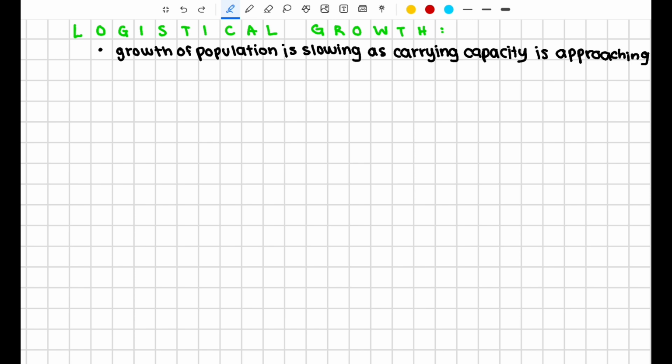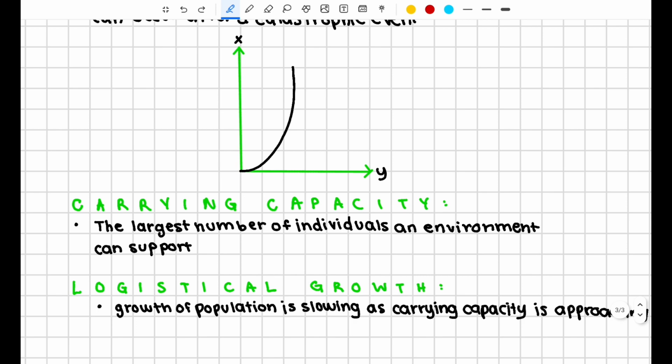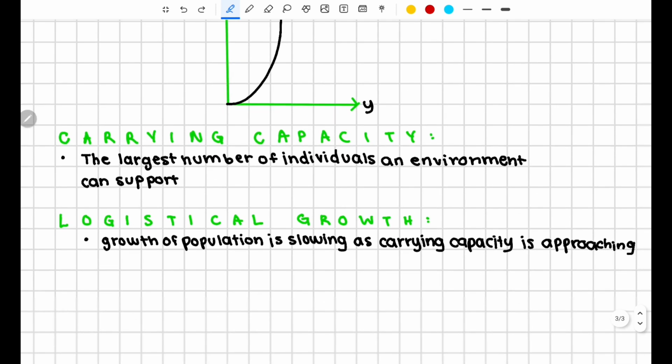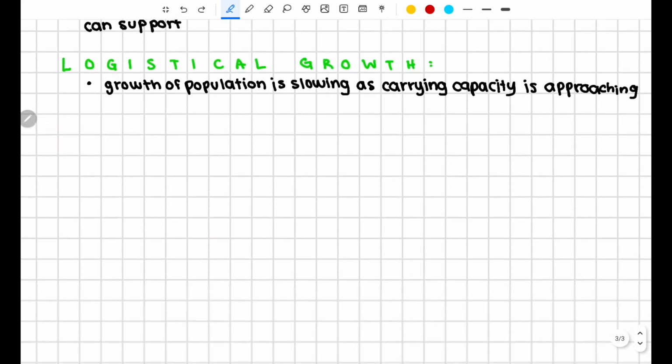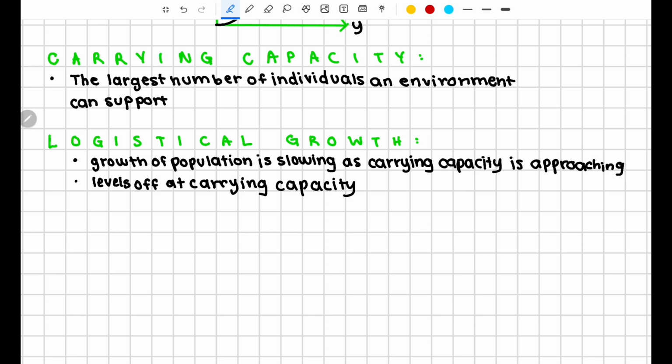The graph that we just drew about the J curve, we're going to add on to that for the graph of the logistic growth, since it happens after exponential growth.